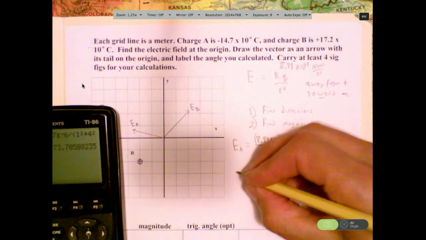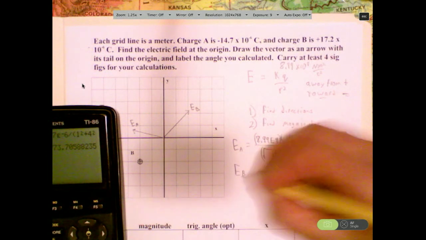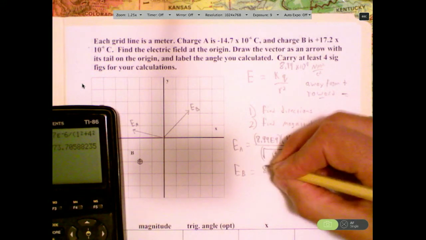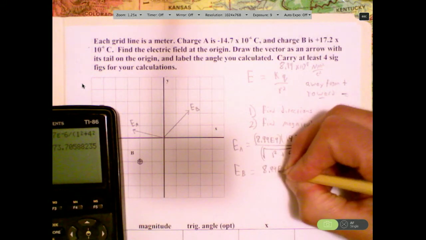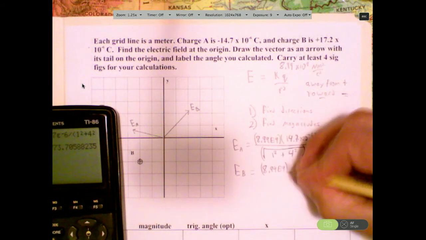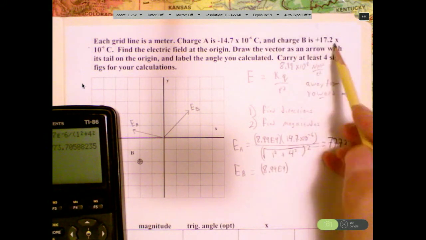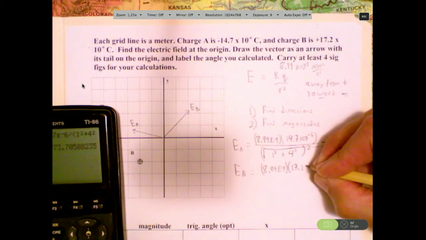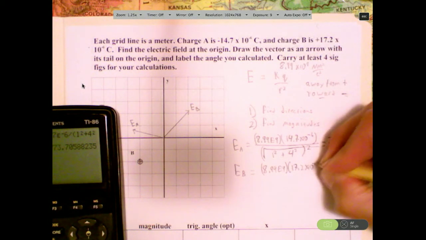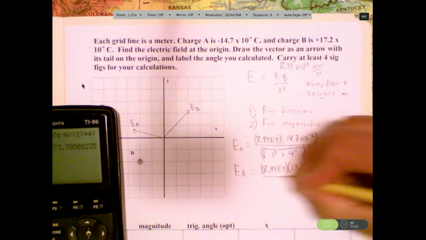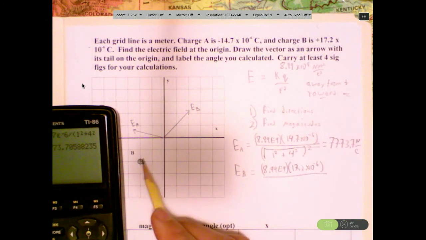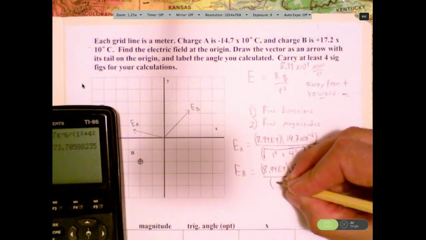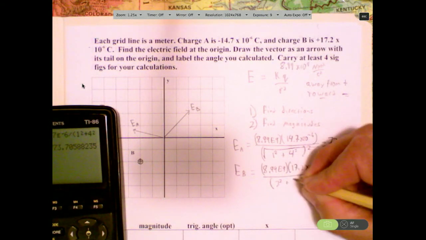Okay. And now let's find the magnitude of B. That's going to be 8.99 E9, and then B is 17.2 microcoulombs, 10 to the minus 6th coulombs. If you look at B, B is down 2 and over 2, so I'm just going to go 2 squared plus 2 squared.